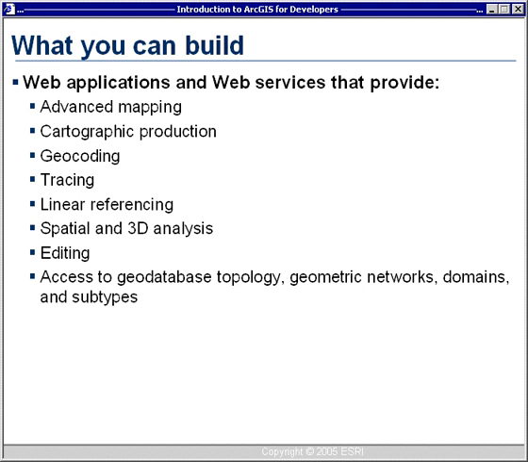You could build solutions that deal with advanced mapping and high-quality cartographic production and output, dealing with many addresses and geocoding and batch matching of addresses, dealing with geometric networks and advanced feature types, such as linear referencing in a transportation system. You also have access to those same ArcObjects, so you can do spatial and 3D analysis, and even edit a multi-user version geodatabase from inside a web browser.